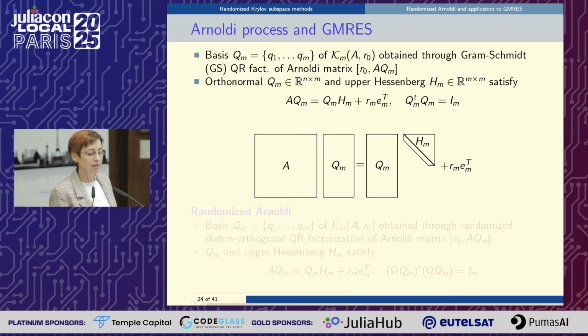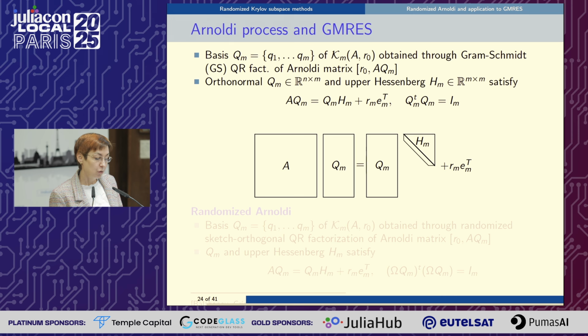And in GMRES and in other Krylov methods, what is used is the Arnoldi process, which builds a basis of the Krylov subspace, and this basis is orthonormal. When we arrive at iteration m, the Arnoldi relation is satisfied, which says that A Qm equals Qm multiplied with the upper Hessenberg matrix Hm plus a rank 1 matrix.